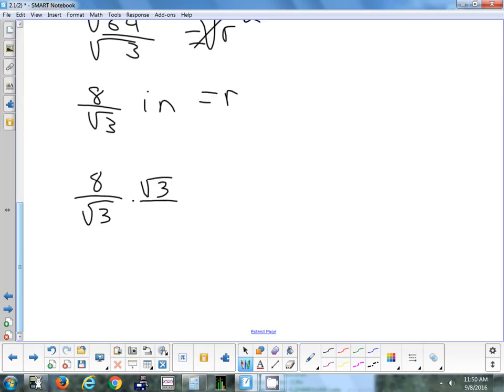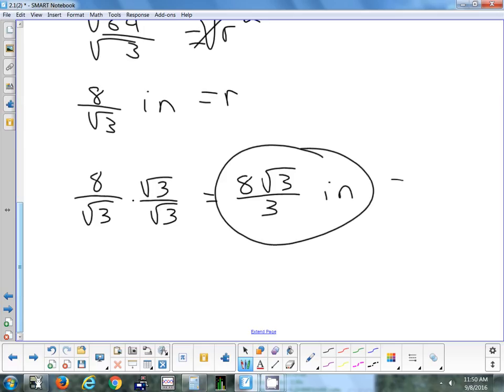And the bottom. Okay, so all this is going to do is fix it so the root's not in the bottom anymore, and then we're done. So we get 8 square roots of 3 over the square root of 9, which is just 3. That's my radius.